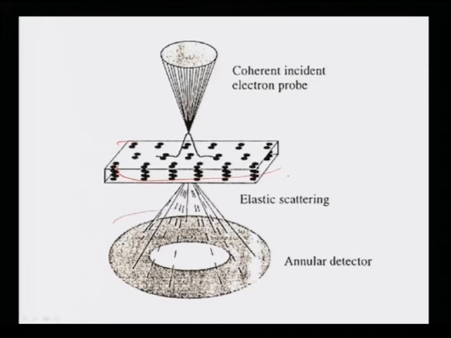If you use a detector which is annular type, we can collect the diffraction information in a disk surrounding the central circle, and this is what is called an annular detector. There are reasons for it which I will tell you within a few minutes.